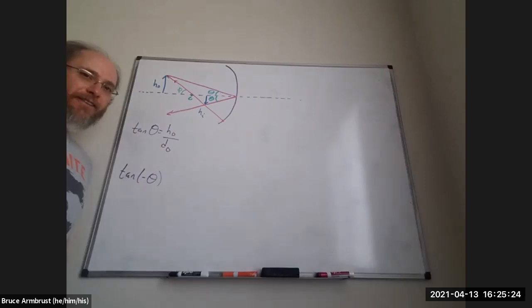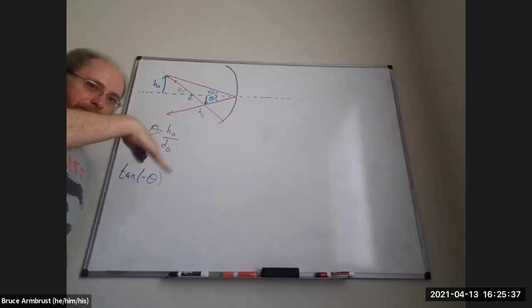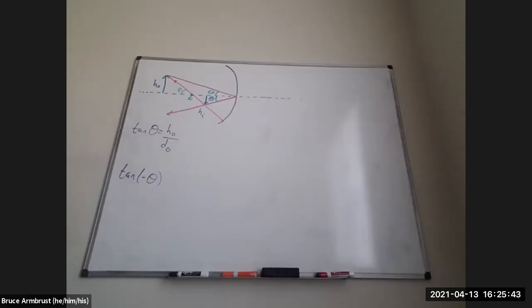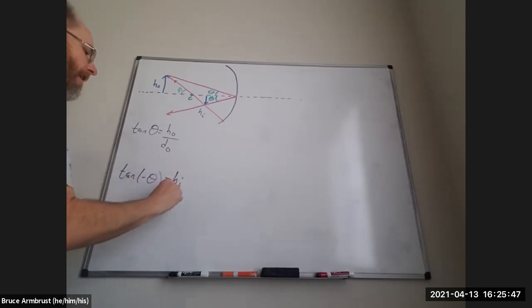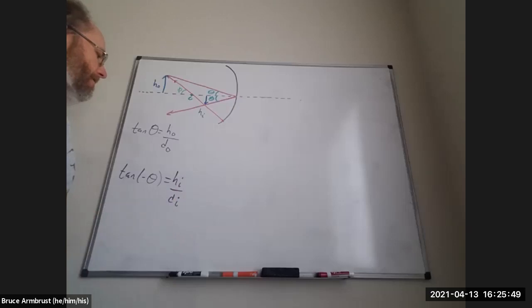Do you see why I'm going to use a negative theta there? If you want to think of that as an axis, it's below it. I'm rotating it down, so I'm going in the opposite direction, so it'll be a negative. So that's going to be the tangent of negative theta, but similarly, that's going to equal HI over DI.